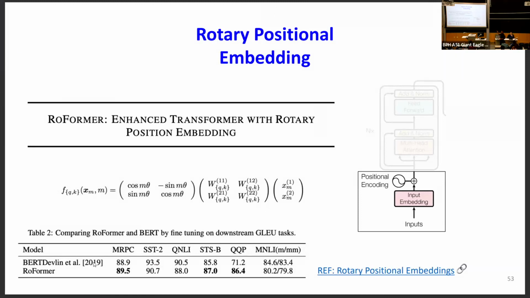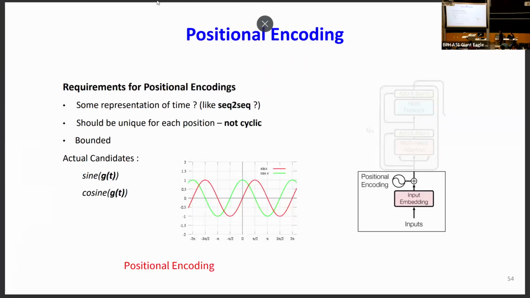You can represent it in its Euler form, and once you have that, you can keep on taking products and your magnitude stays the same, and every time you take a product, you get something unique out of it. There were definitely improvements over multiple tasks compared to the simple positional encodings that we had. You can refer to this paper if you have more details and doubts. So let's look at what is actually used here.